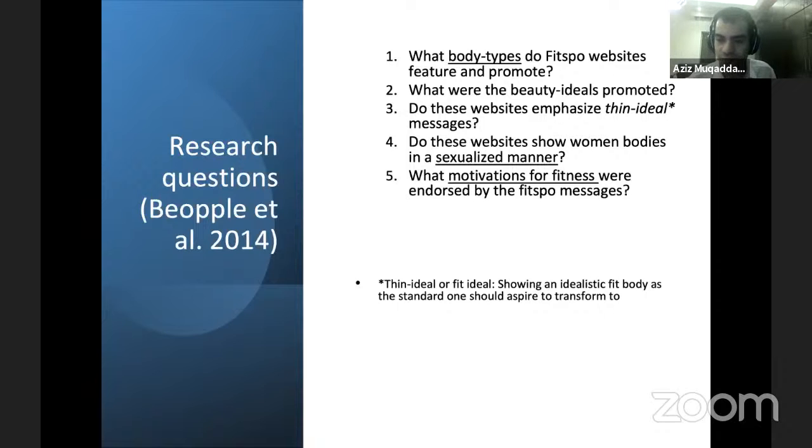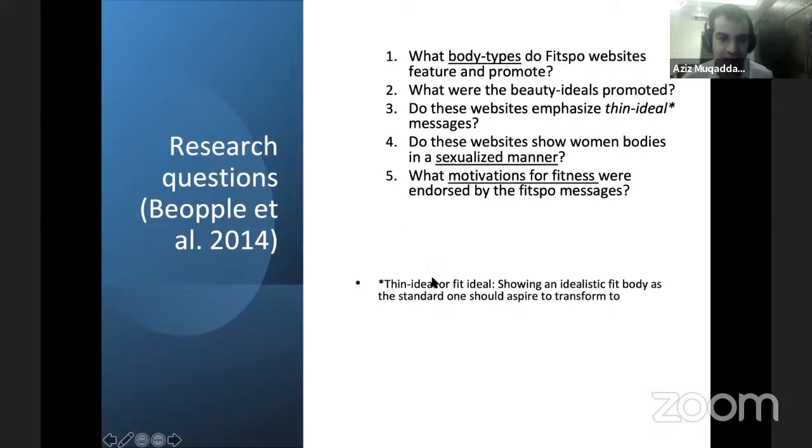Fourth, do these websites show women's bodies in a sexualized manner? And finally, fifth, what motivations or motives for fitness were endorsed by the Fitspo content? I think most of the questions are self-explanatory.